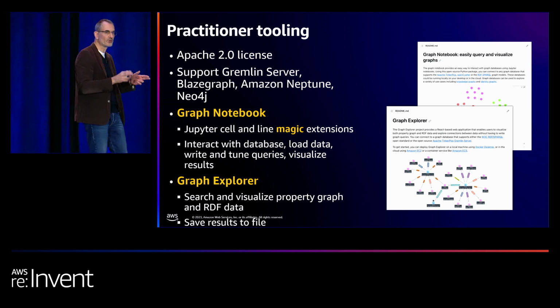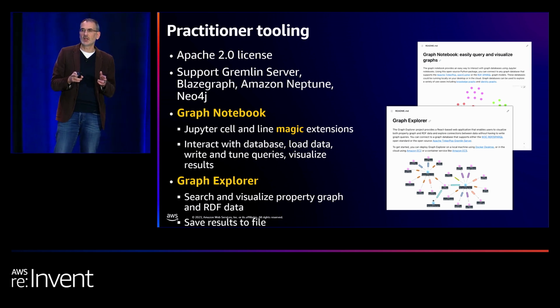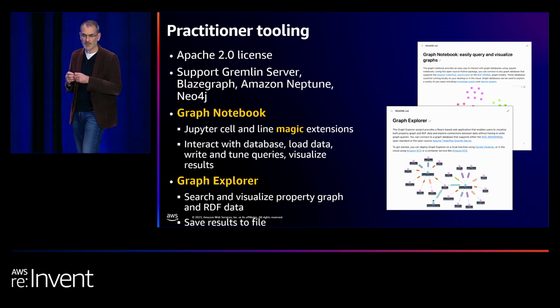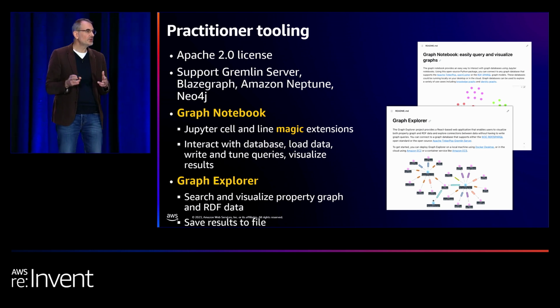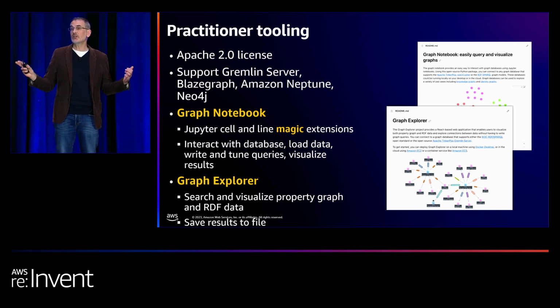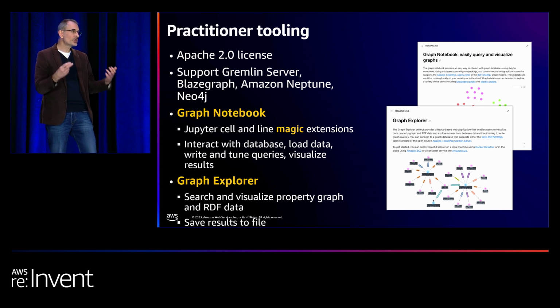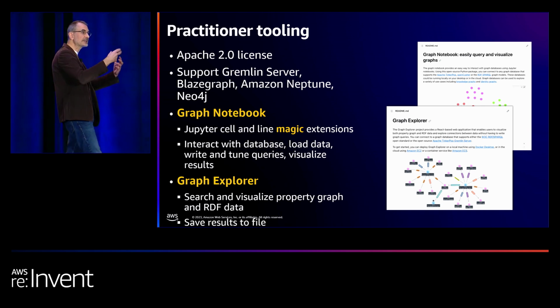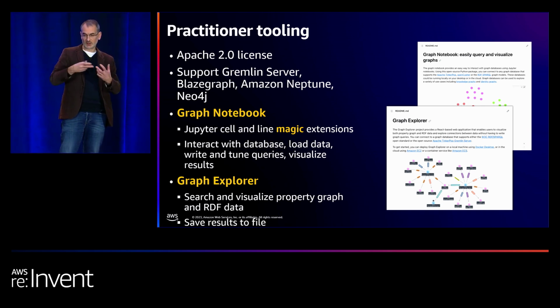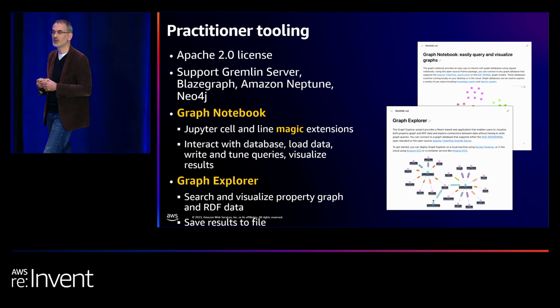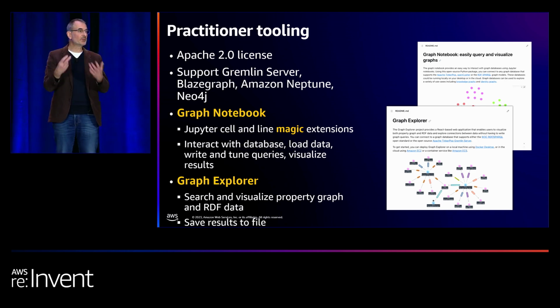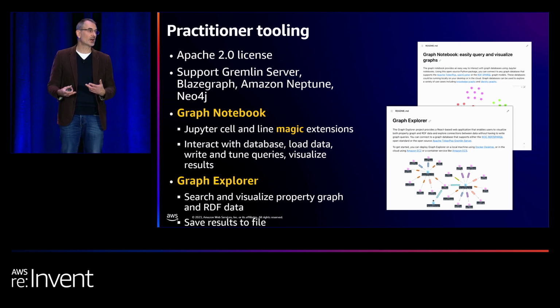They just want to focus on writing those queries and potentially visualizing the results. The Graph Explorer is suited for users who don't want to write any queries at all. They just want to search for and filter and expand parts of their network via the visualization in the browser, and then export or save the results of their work to a file.